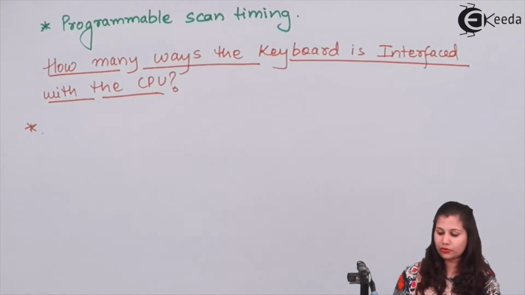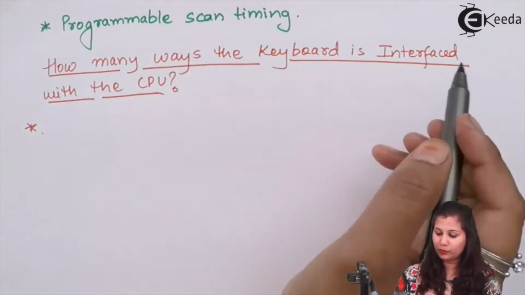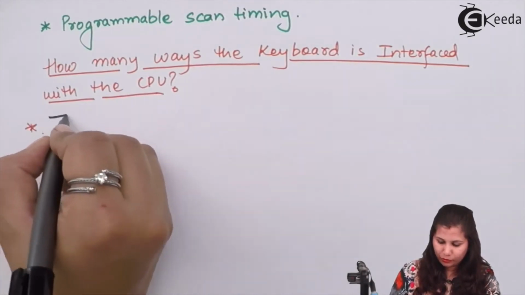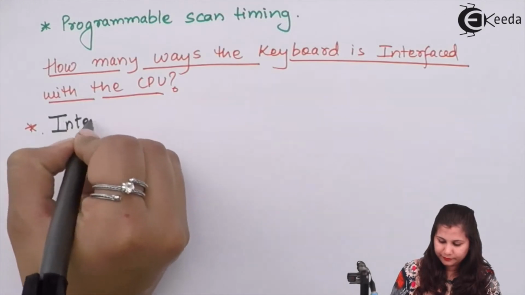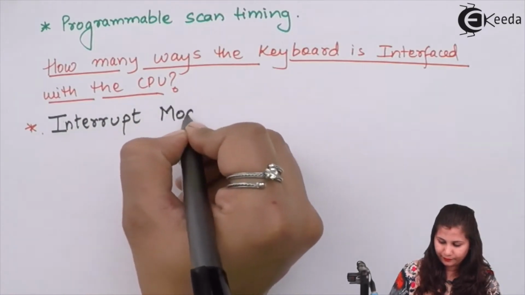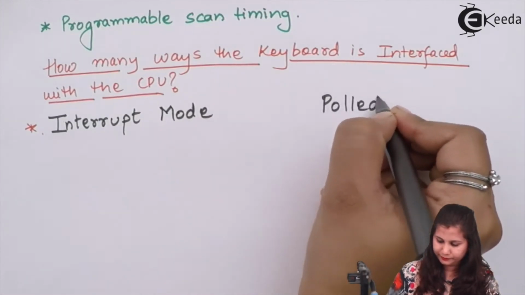There are two ways in which the keyboard is interfaced with the CPU. One is the interrupt mode, and the second is the hold mode.